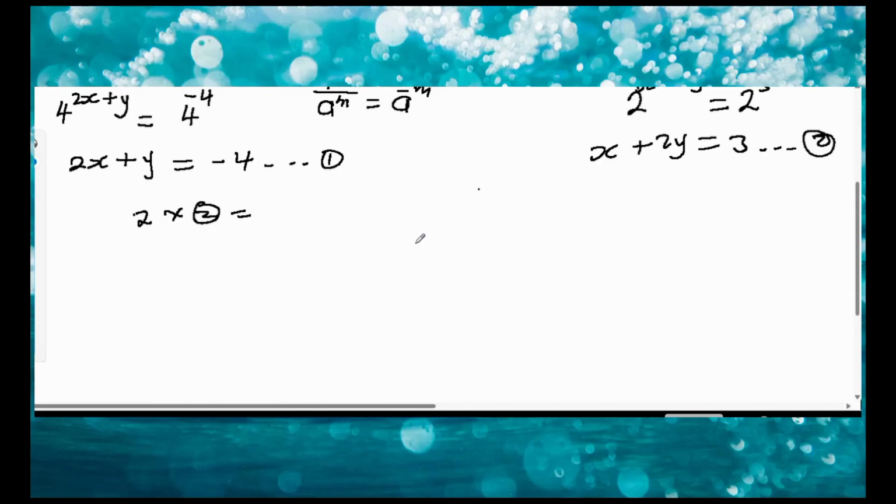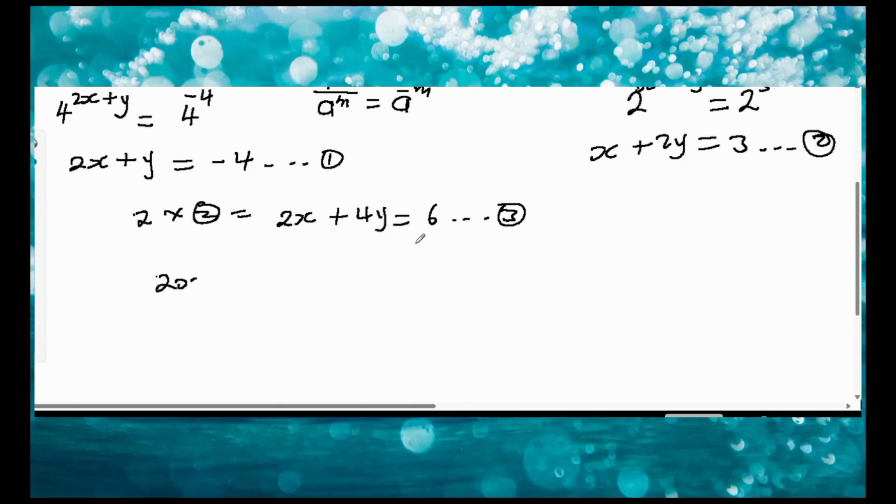2 times x is going to give me 2x. 2 times 2y is going to give me 4y. And 2 times 3 is going to give me 6. Let us make this equation 3. Then we can now subtract equation 1 from equation 3.